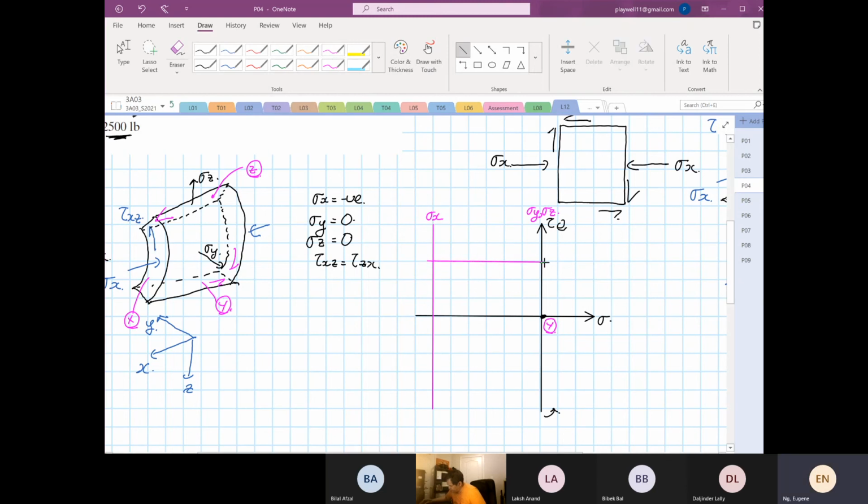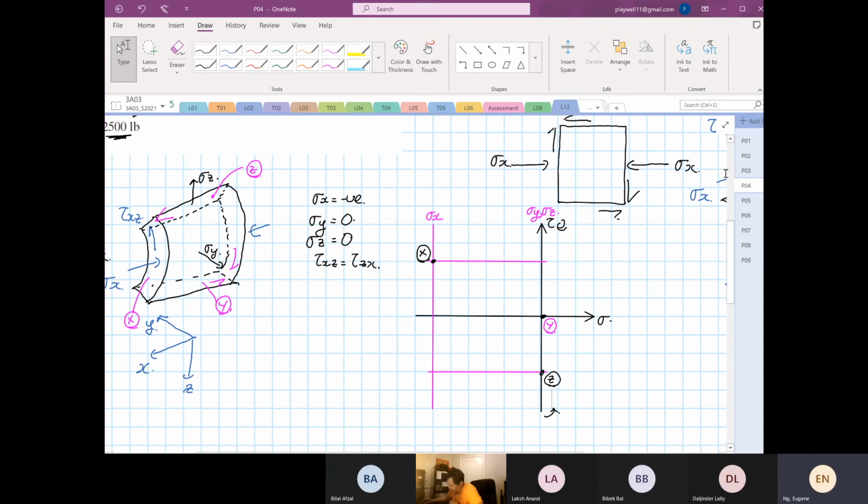So for example, this is our shear line. So we know that stress X is going to do a clockwise rotation, and Y is going to be an anti-clockwise rotation. So this, Z.